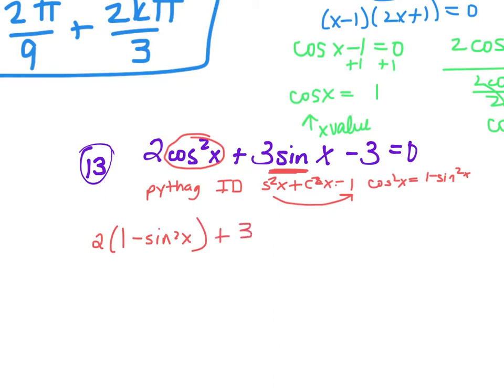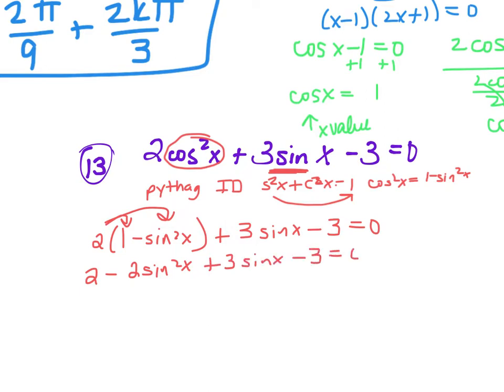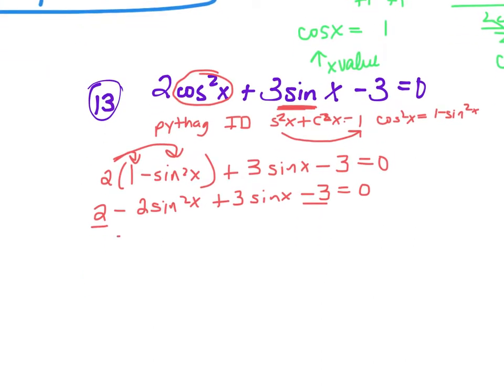So plus 3 sine x minus 3 equals 0. Now we just distribute, so I have 2 minus 2 sine squared x plus 3 sine of x minus 3 equals 0. Combine like terms, I have a 2 and a negative 3, so that gives me negative 2 sine squared x plus 3 sine of x minus 1 equals 0.